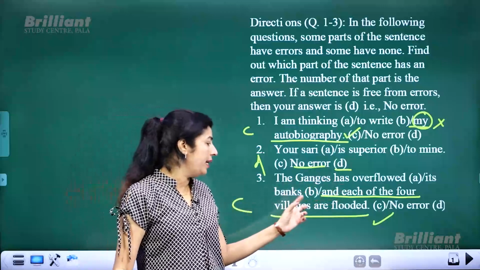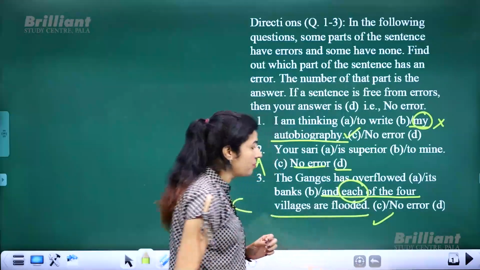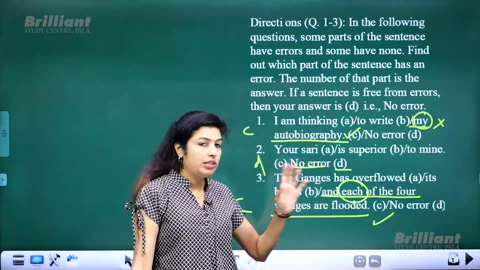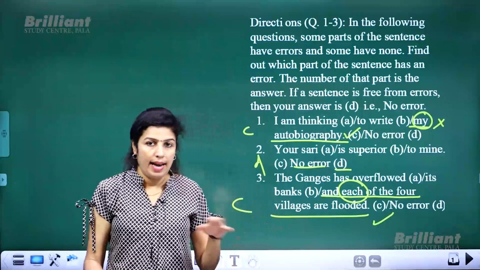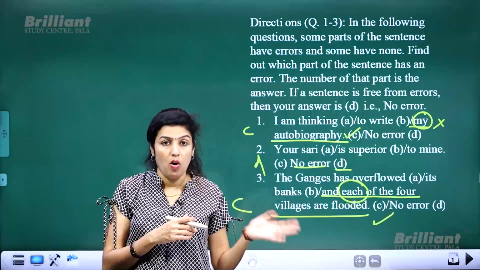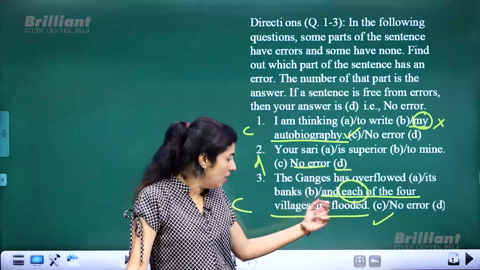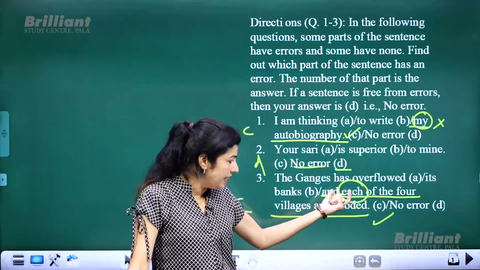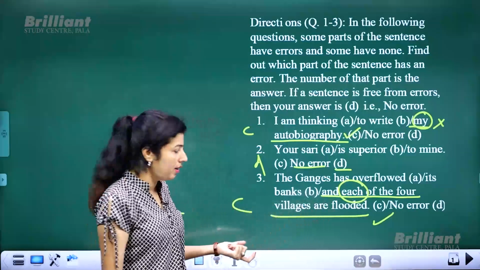Each of the 4 villages are flooded. See, the word each here shows singular. Not like every, which is also singular, while all is plural. So here each is singular. If each is used here, instead of "are", what should be the correct usage?